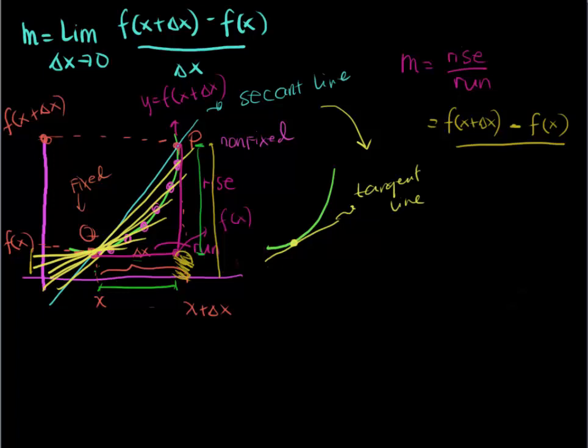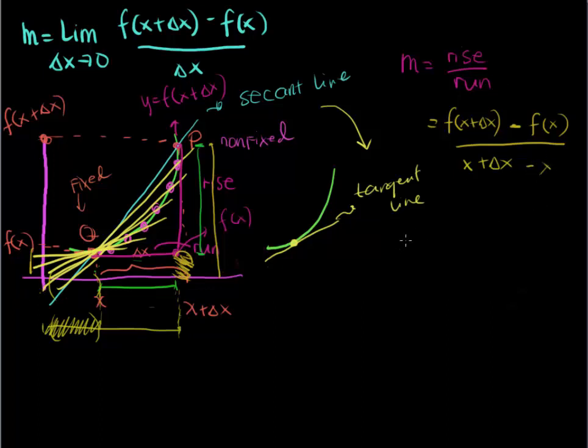What we can do is get the distance from this line to here minus the distance here, and you would get the same distance here, right? So how to do that? From this point to this point, it's x plus delta x. And then the distance from here to here is just x.